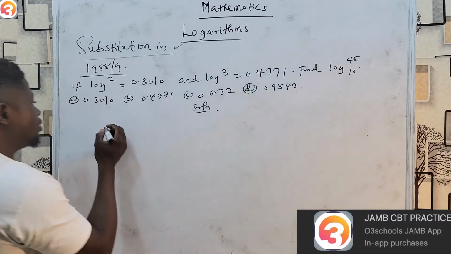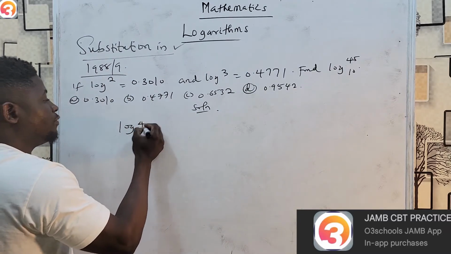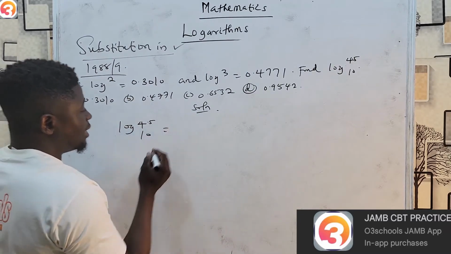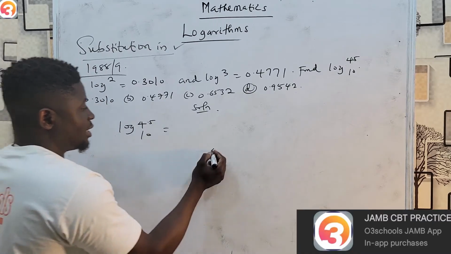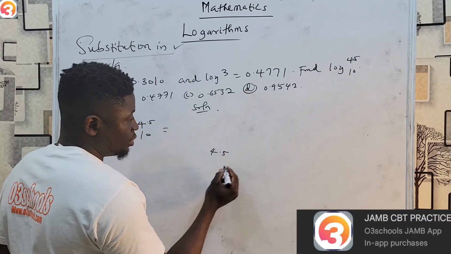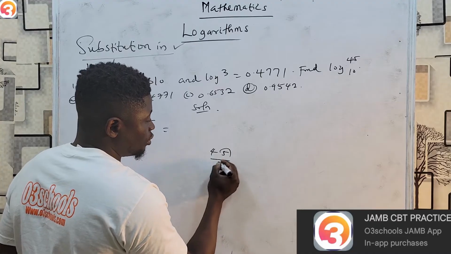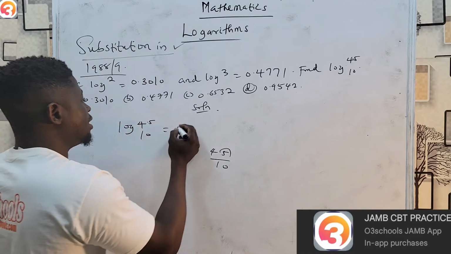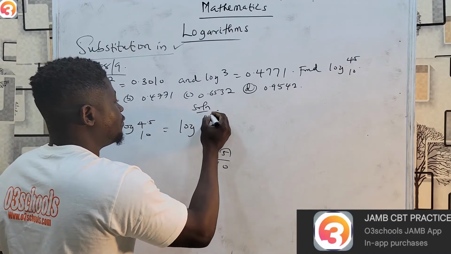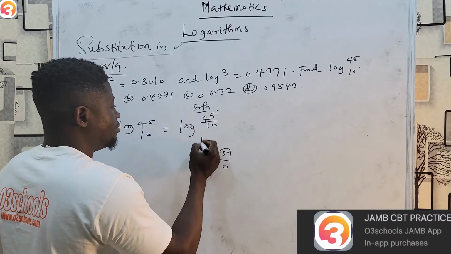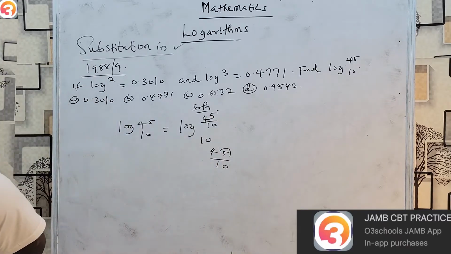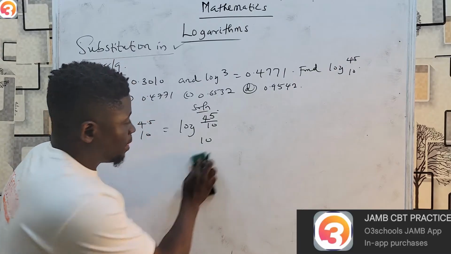So bring out your log. I'm going to have log 4.5 base 10. This 4.5 can be expressed as a fraction. So you move once, so it will be over 10, isn't it? So I'm going to have logarithm of 45 over 10 base 10. Are we together?